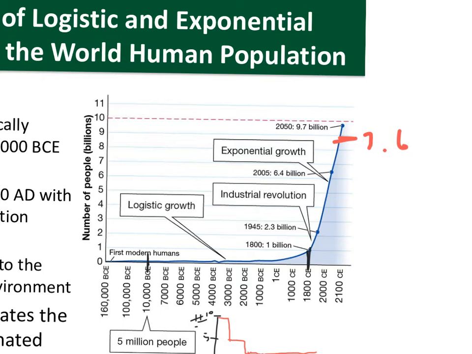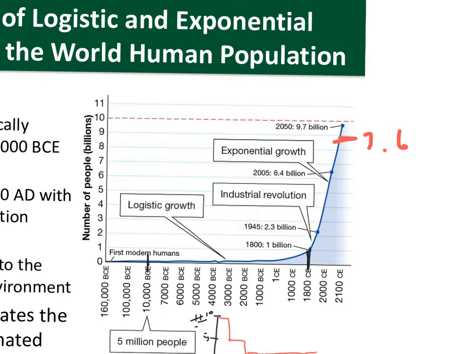Namely, first of all, medicine was better. So even populations where they were having lots and lots of offspring, more and more of them were surviving. So places like Africa, India, things like that, they're still having a very large number of children.